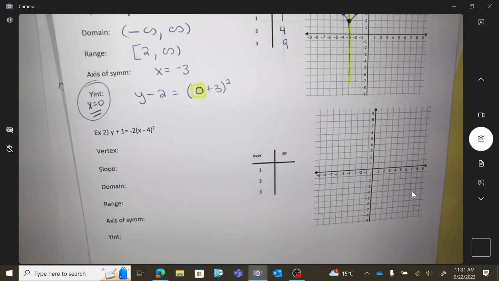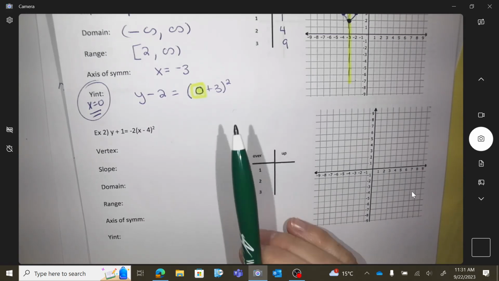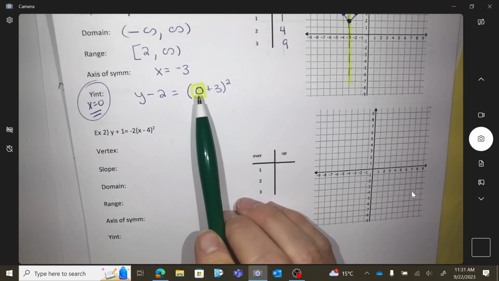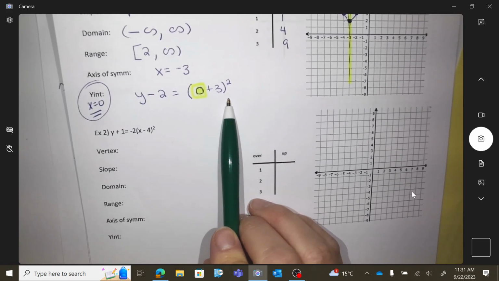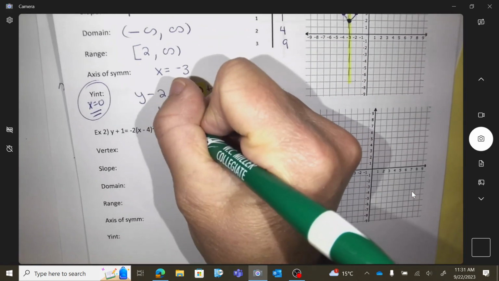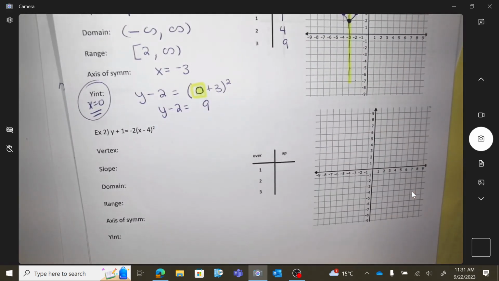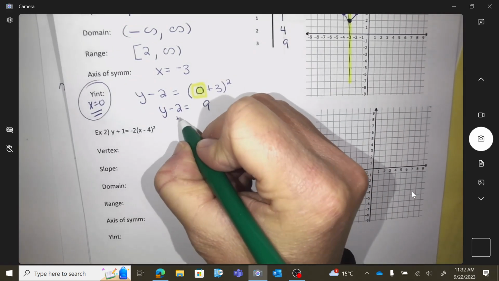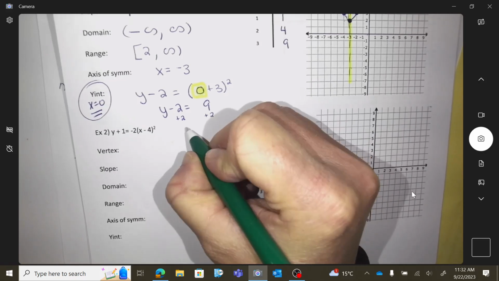Okay, this is math now. You're going to just do math. Let's go here. Bracket first: what's 0 plus 3? 3 squared, 9. Then I need 2, would you agree? I'm going to add 2. Does that make sense?